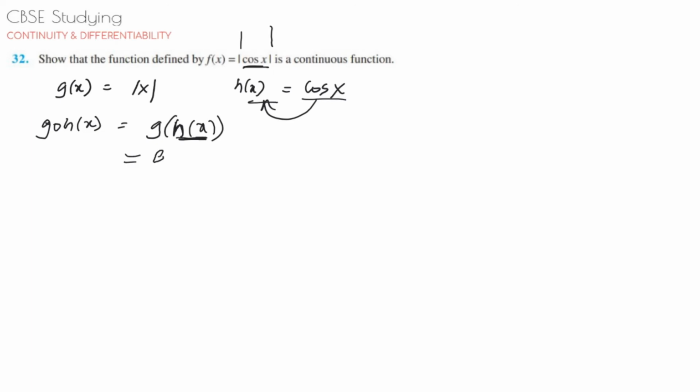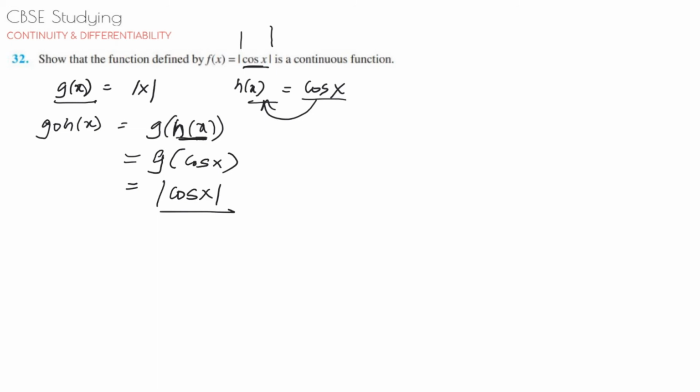That means in my function h of x, wherever there is a value of x, I need to just substitute it by h of x. So don't get confused. If there was something inside this bracket, I would have substituted that. So cos x. Now g of cos x means in my function g of x, wherever there is x, I need to substitute cos x, right? So that will make it modulus of cos x.